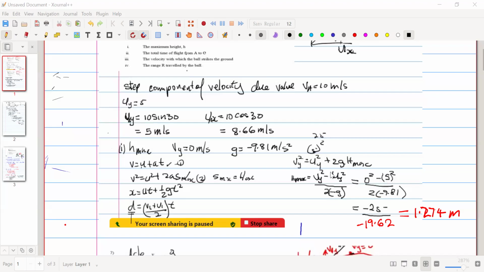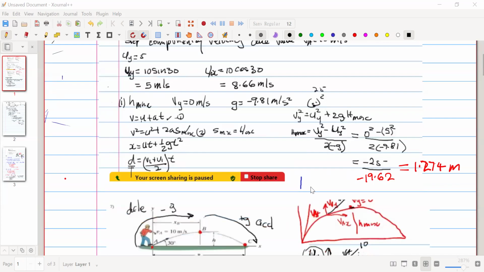We square it, it becomes 25, so it's minus 25 coming across. It's not like it was minus 5; it is the operation coming across, so you're subtracting from 0. And the gravity here is minus 9.81, so both minus signs cancel, and you get 1.274 meters for the maximum height reached.